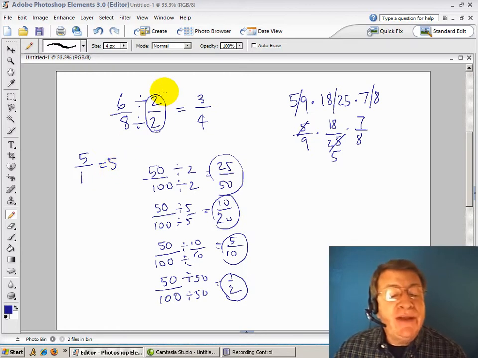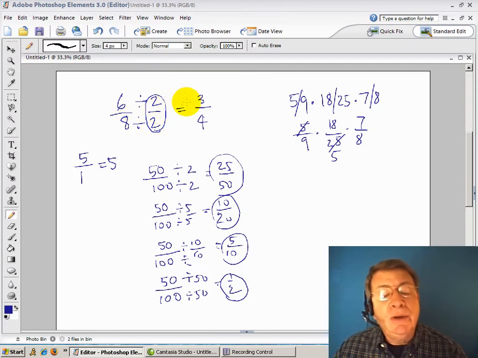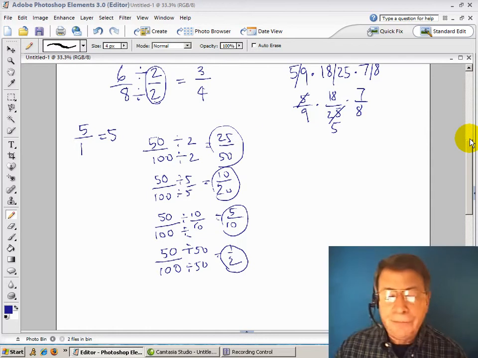Now, this is a fancy way of dividing by 1. 2 divided by 2 is 1, and any number divided by 1 will equal itself. So just as 5 divided by 1 doesn't change, it becomes 5, 6/8 divided by 1 doesn't change either. The value is still the same, but the number is reduced.